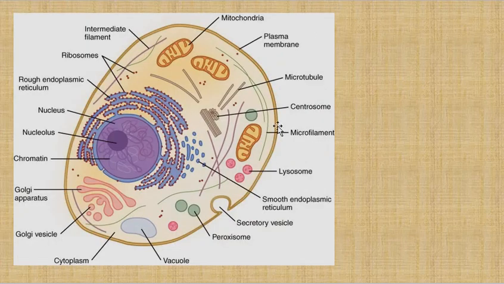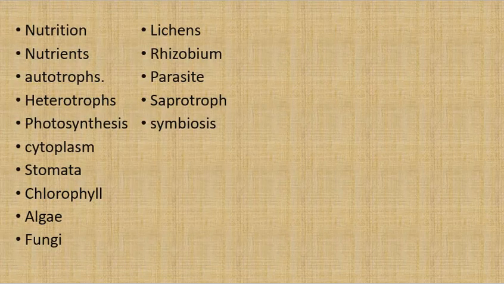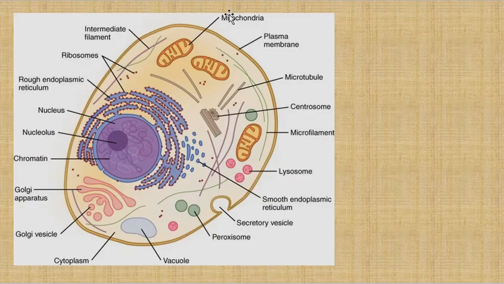Now coming to parts of a cell, which is a complex organism. You have mitochondria, plasma membrane, then centrosome, a very important organelle of a cell. Lysosome is an important organelle of a cell. Endoplasmic reticulum: there is rough endoplasmic reticulum as well as smooth endoplasmic reticulum, two types. Then chromatin. The chromatin gives rise to chromosomes, which are in pairs.